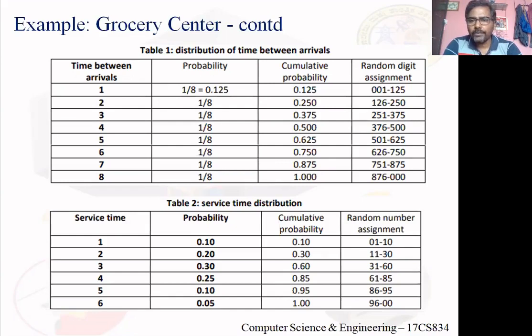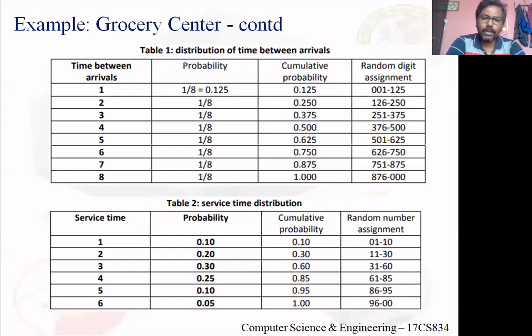After that 876 to 000. Clear? The last one is a usual mistake: you should not write 876 to 1000. It's 876 to 000, because after 999 it rolls back to 00.